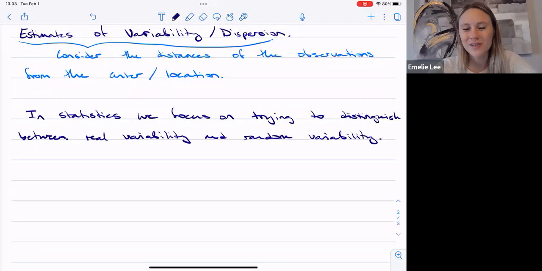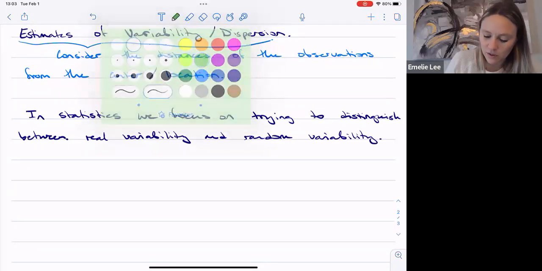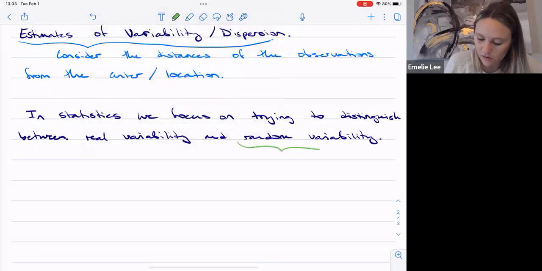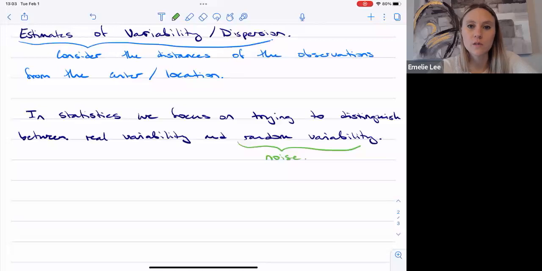Those feel similar, but that random variability is sometimes what we call the noise. We can call that the noise if we want to.